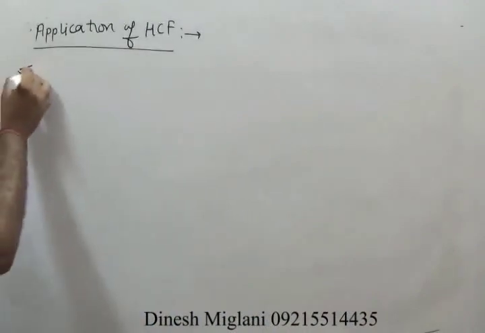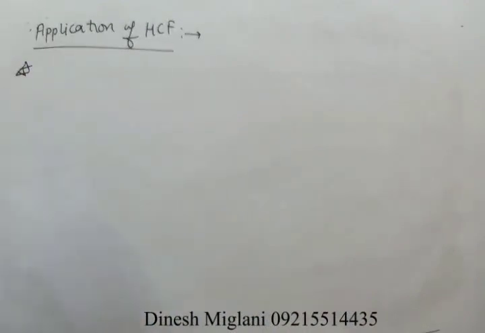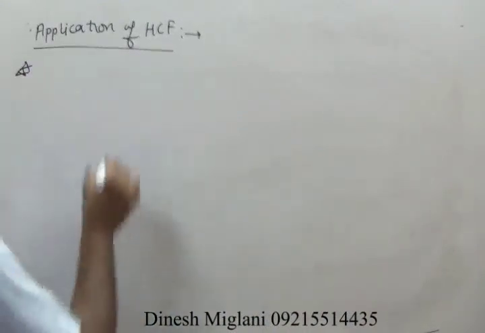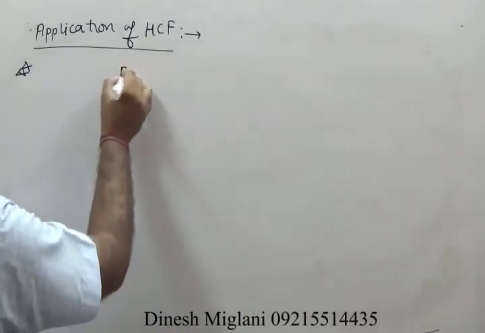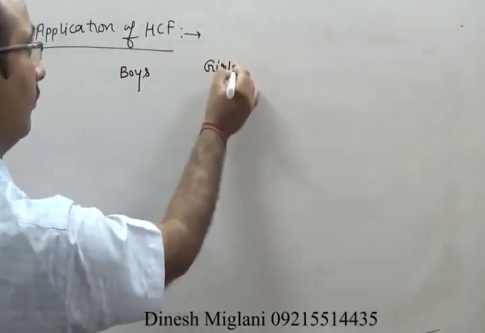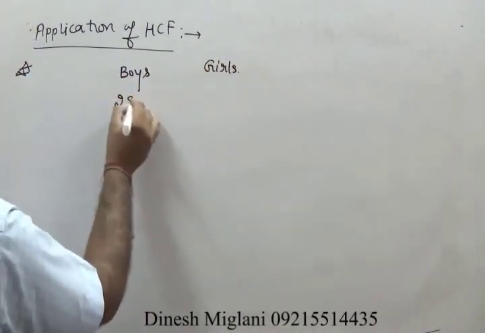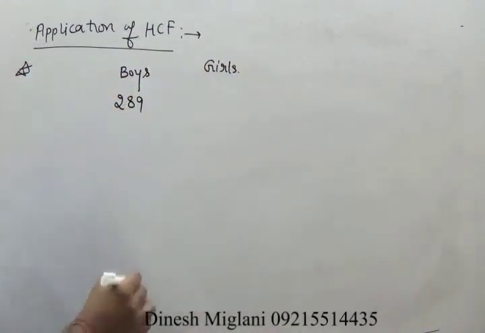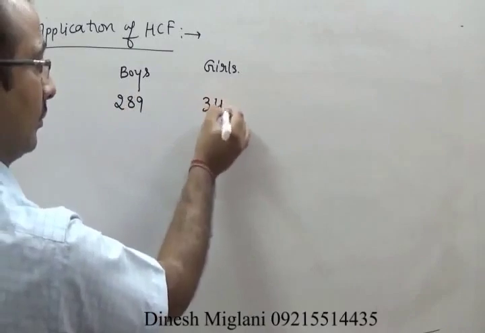The second question is a very important question. It is given that in a school there are boys and girls. There are 289 boys and 340 girls.